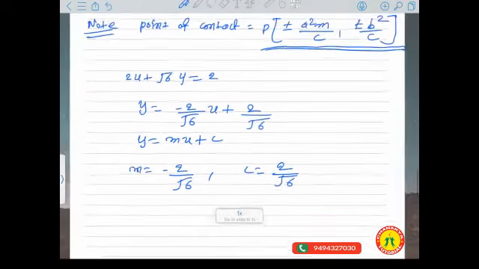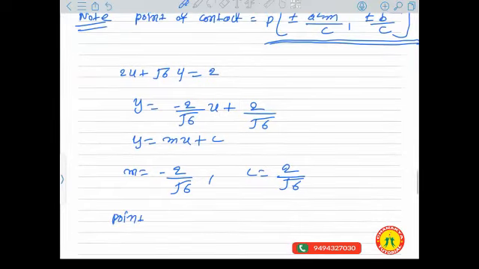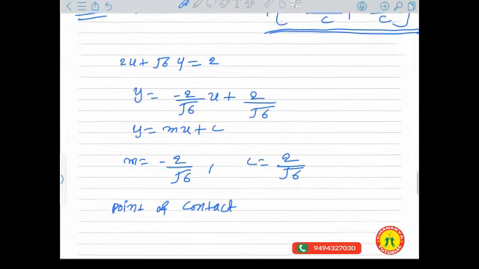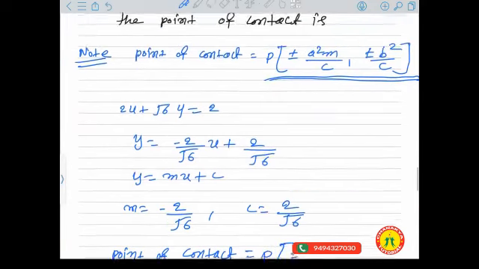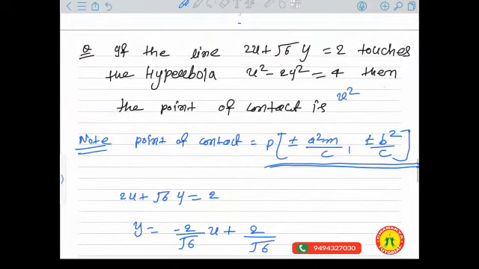Now point of contact is P equal to plus minus A square m by c. A square: here x square minus 2y square equal to 4 is given. It means x square by 4 minus y square by 2 equal to 1 is given.